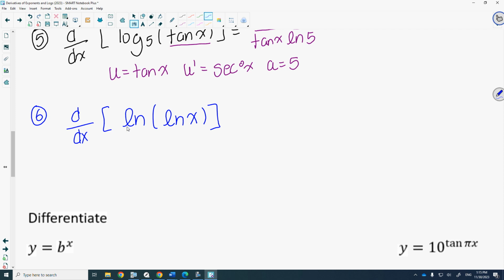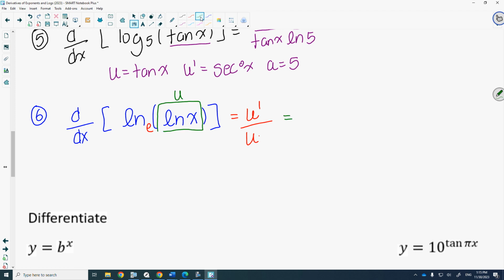Now remember, if we have natural logs, our formula is going to be u prime over u. Remember that I could also say the natural log of a, which is the base, but the base is just e. So the natural log of e is just 1. So when we take the derivative of natural logs, our formula is going to be u prime over u. Okay? So let's figure out what that will be.